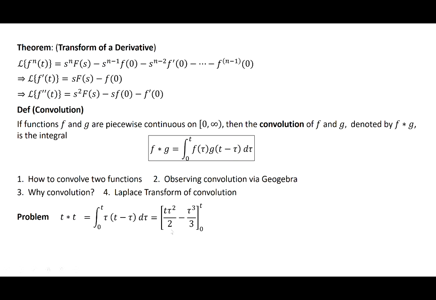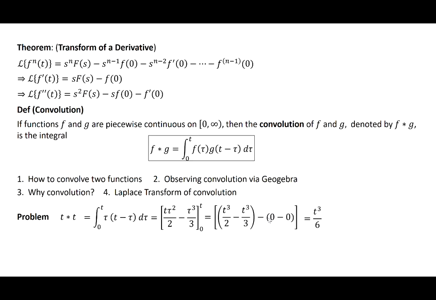Now we need to evaluate that from 0 to t. That means wherever you see tau, replace that with a t to get the upper limit, and wherever you see tau, put a 0. So that gives you t cube over 2 minus t cube over 3. That simplified becomes t cube over 6. Does it make sense? As simple as that. So this is how you can convolve two functions.